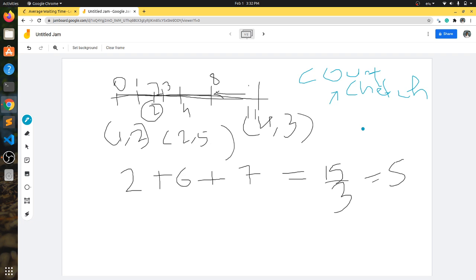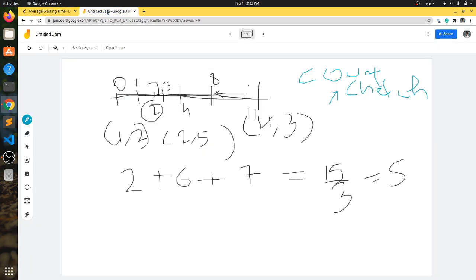The final answer we get is the serve time. Then we subtract its arrival time from the serve time, and the net time we get is the waiting time. Serve time minus arrival time is the waiting time.